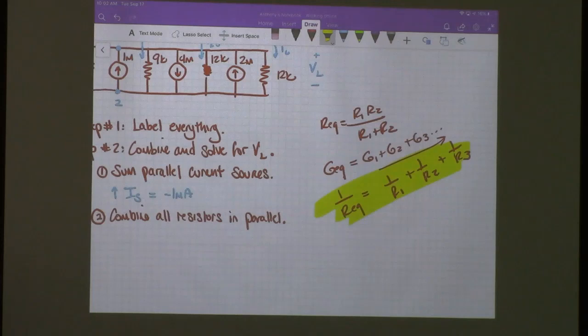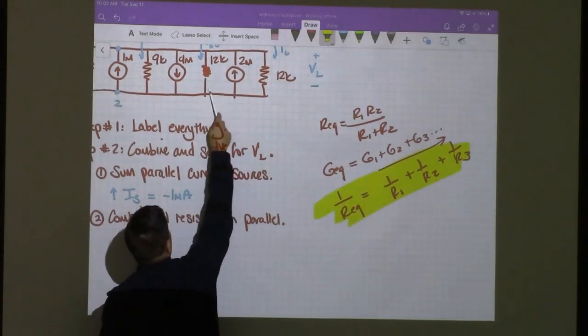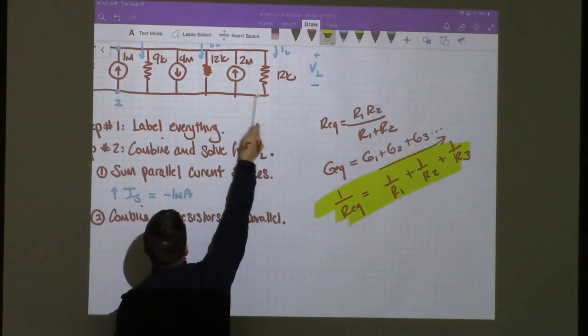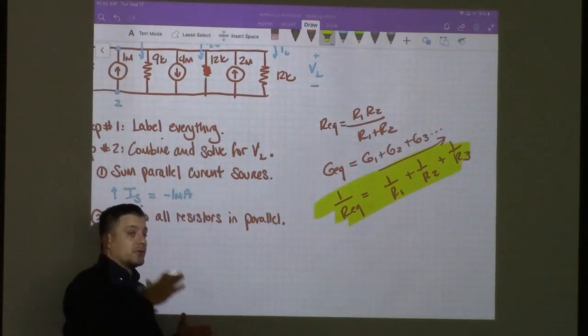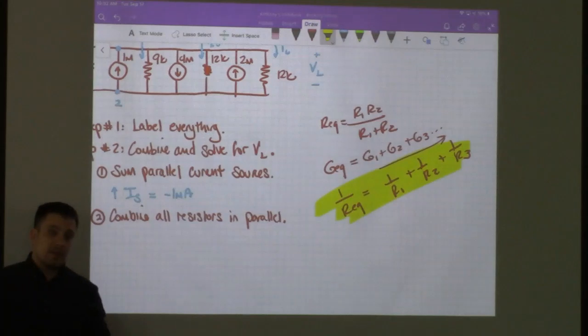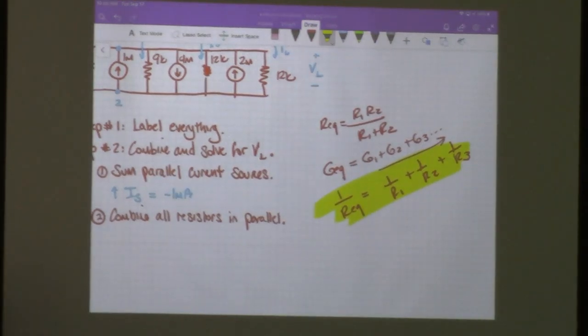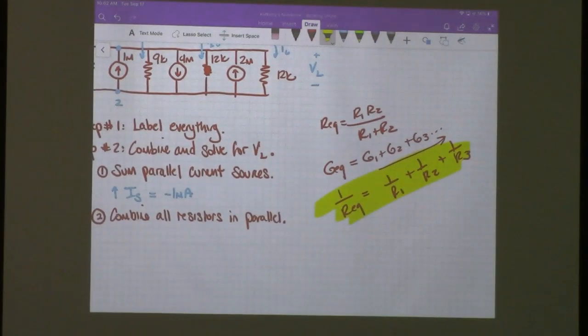Does that make sense to everybody? You can do it the other way: use R1 R2 over R1 plus R2, first combine these two, get the equivalent value, then combine that with this one, and so on, step by step, which is going to take more time and more math.